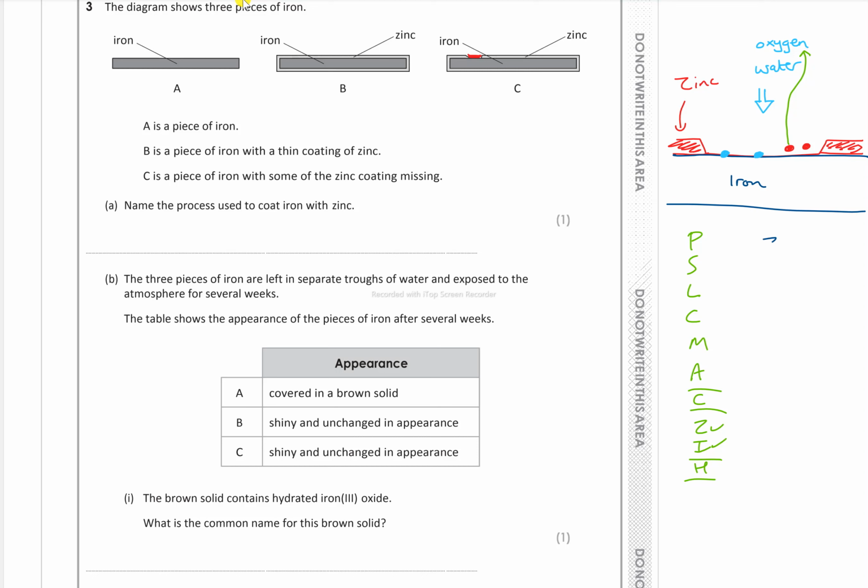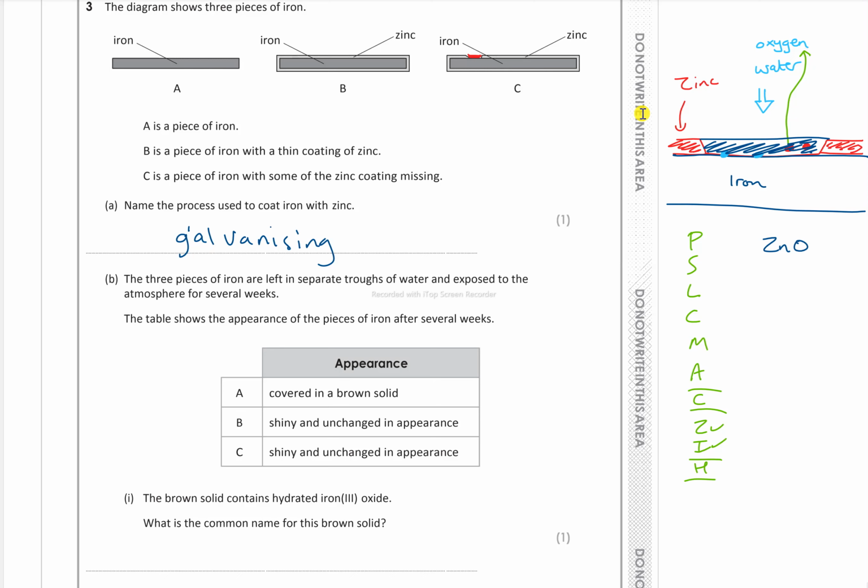It becomes zinc oxide, so it forms a layer of zinc oxide. So it stops the iron rusting. So it sacrifices itself. The process is called galvanizing. So that's what happens.